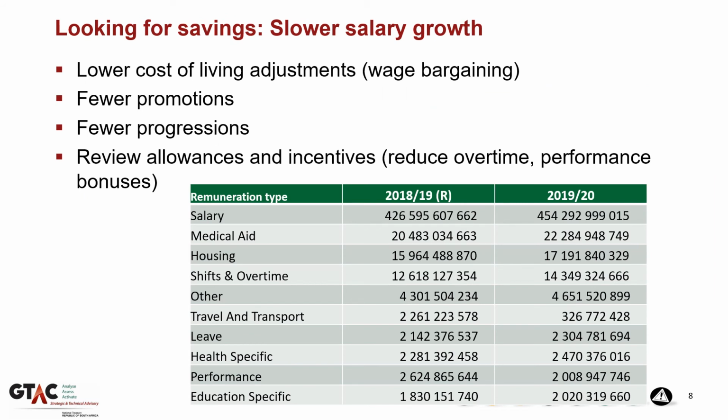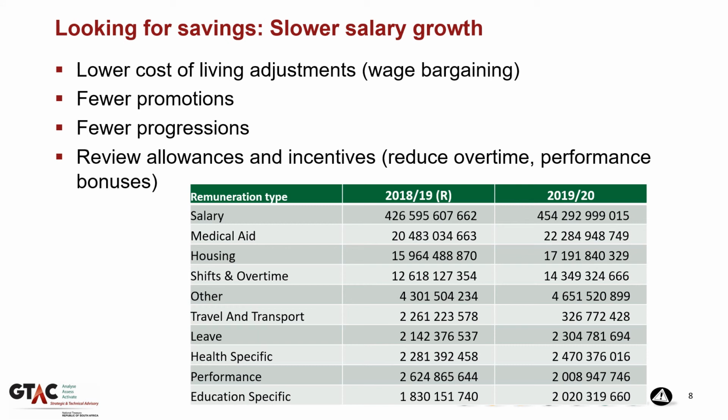The second option to reduce overall compensation growth is to slow down the growth in average salary. The wage agreement plays the most significant role in average salary growth, but departments still have a small window of control over salary growth. Departments can control progression, promotions, and reduce overtime and performance bonuses.